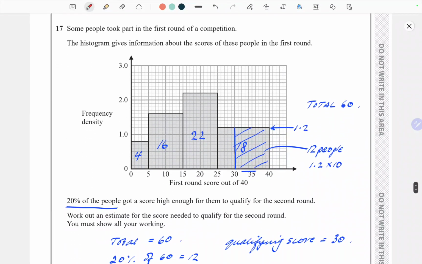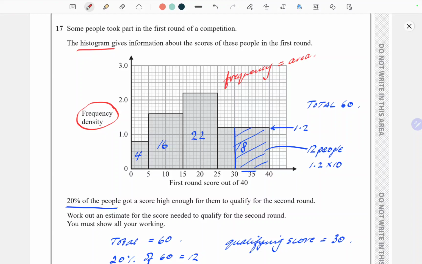All right, histograms. Remember, a histogram is different from a bar chart, because it shows the frequency density, not the frequency. Frequency is given by the area, all right?